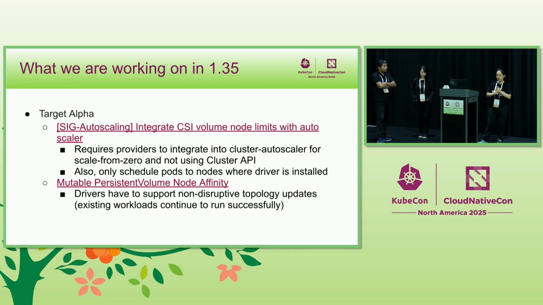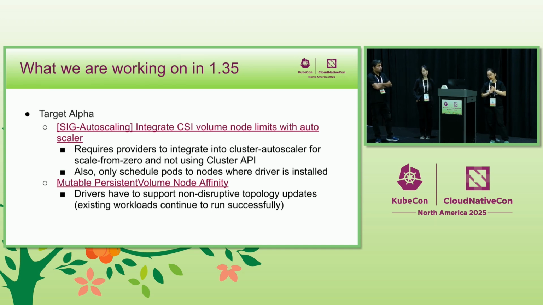New features that are introduced in 135 as alpha include adding the CSI volume node limits support with the cluster autoscaler. So this is basically making the autoscaler aware of the attach limits on the nodes that it potentially needs to scale up.